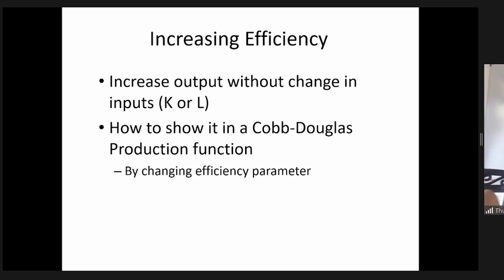If we mix 10 capital and 10 labor and our output is like 100, in the same way, if we are mixing 10 capital and 10 labor and our output is 150, then we say there is an increase in efficiency, because we are having the same input level, but our output is higher than that. Then we call that an increase in efficiency. That can be done by changing the efficiency parameter, which is A in a Cobb-Douglas type of production function.